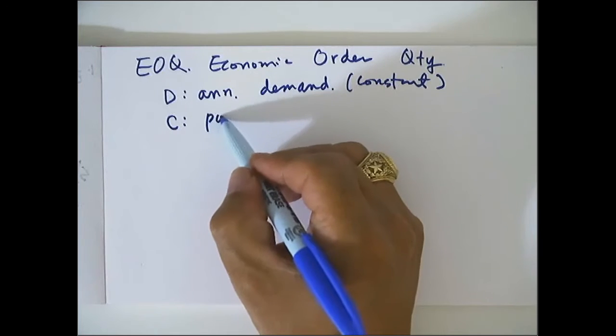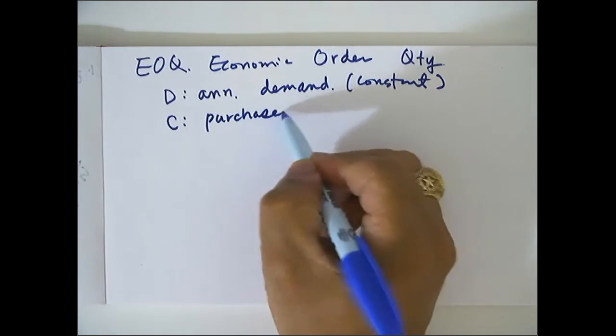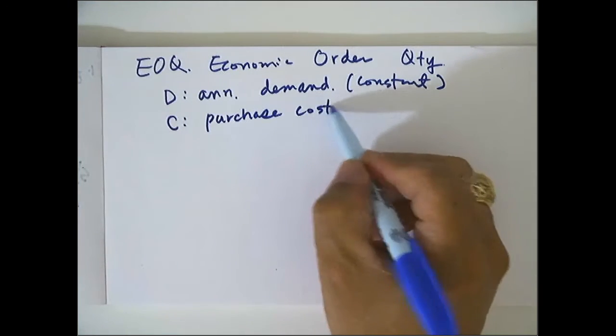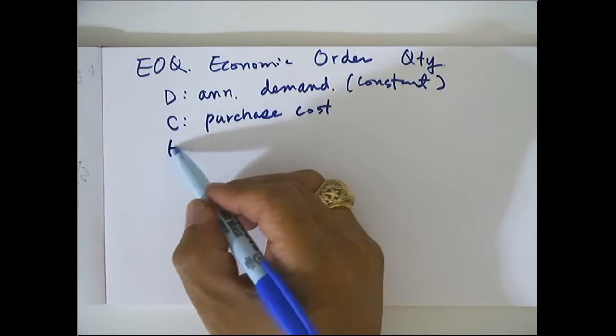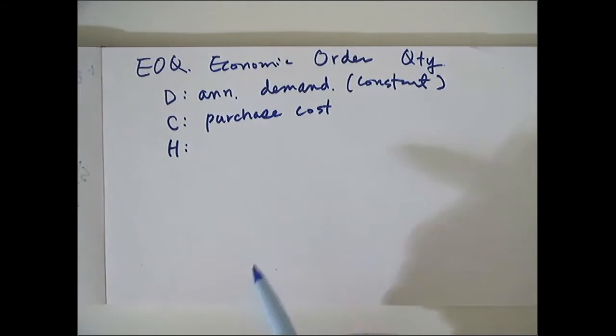We also have the purchase cost, the price of the product, and the holding cost. Typically we use inventory holding cost for opportunity cost, inventory management, insurance or utility expense.